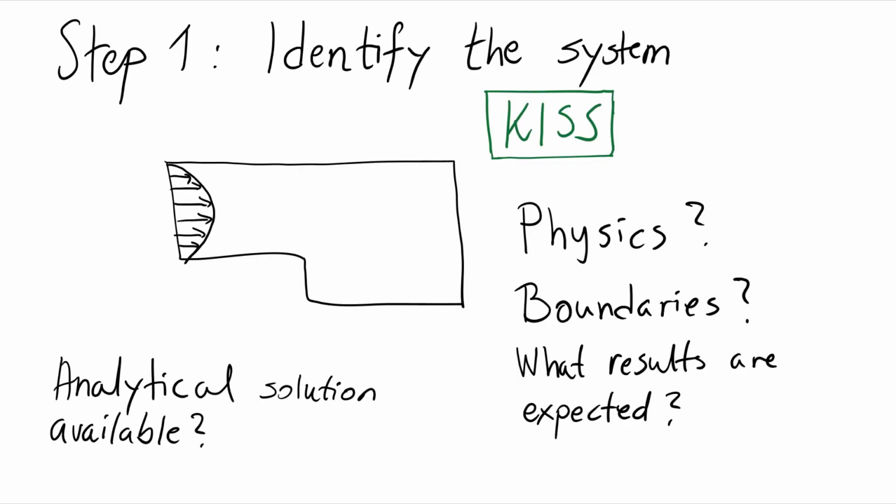So the first step that you need to take is to identify the system, and I strongly recommend that you keep it short and simple. First of all, is it possible to find any analytical solution to this problem? If you have it, then there's no need to set up a complex computer model. Then you have to think about the physics.